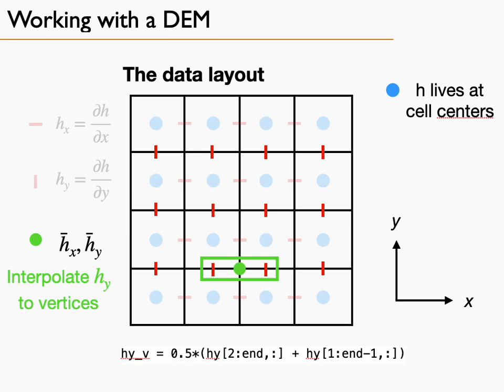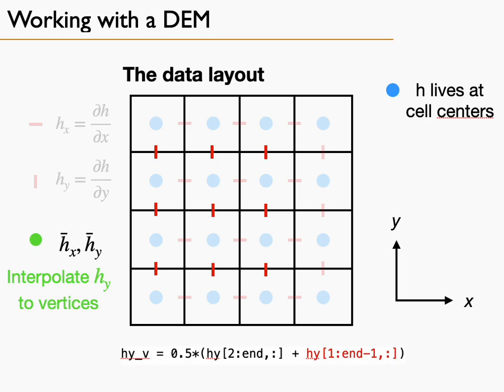Let's look at the first term. hy 2 to end, comma, colon means we start from index 2 in x and we reach the end of the array in x. So we do not select these points. We start from this and we take this whole part of the array hy. The second part basically means we start from the first index in x, but we will not select the last column. So we start here and we do not take this one. We restrict ourselves to this part of the array.